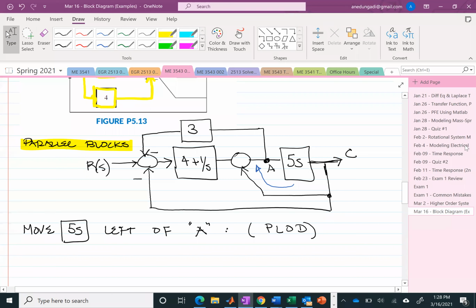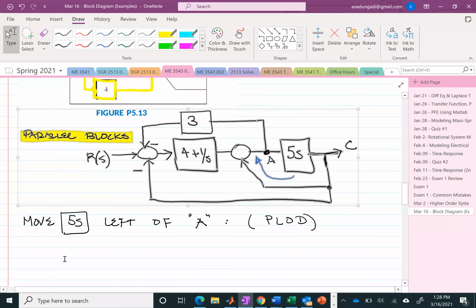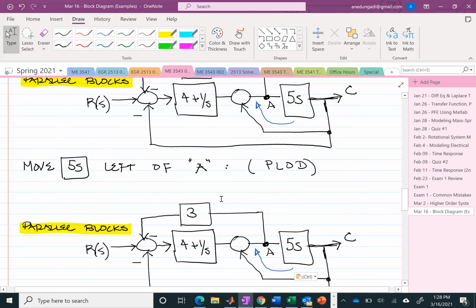Okay, so far so good. So what I'm going to do is copy this over. Let's see if this will work. Now, when I move the 5s to the left of A, what happens?